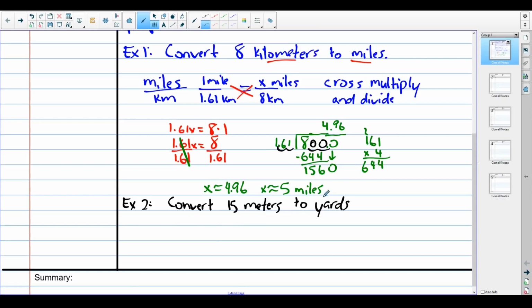Alright, so here's our 2 units. We have yards, we have meters.